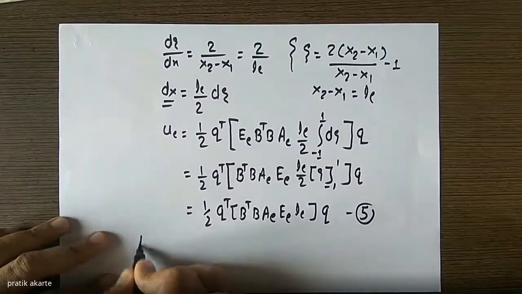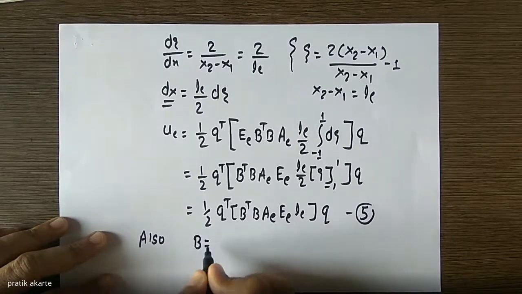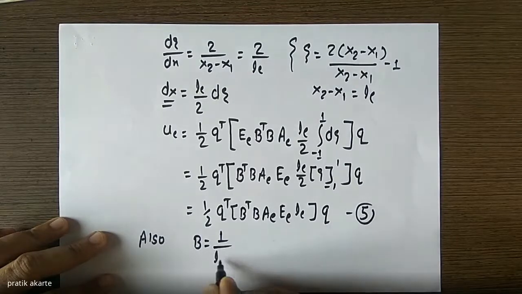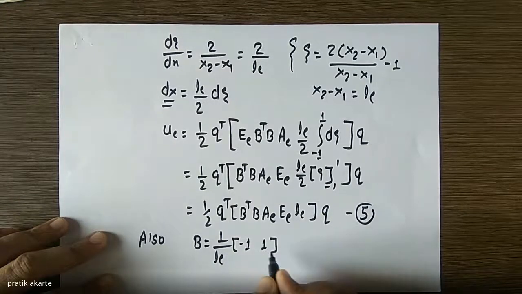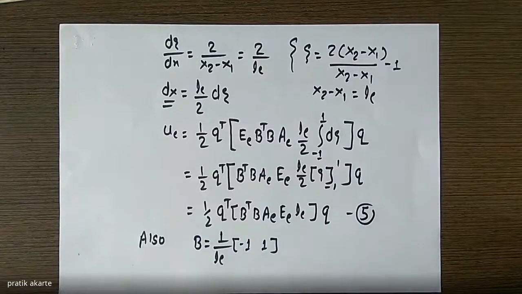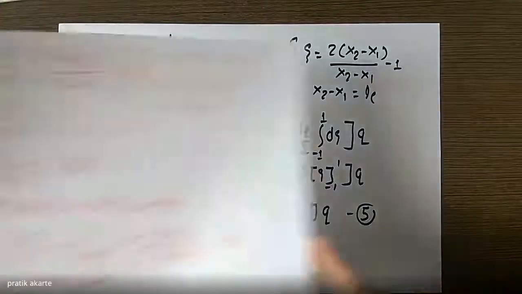Also, you know that B is equal to 1 upon Le times minus 1, 1. So this is from the equation that we have formulated over here. Look at this equation.